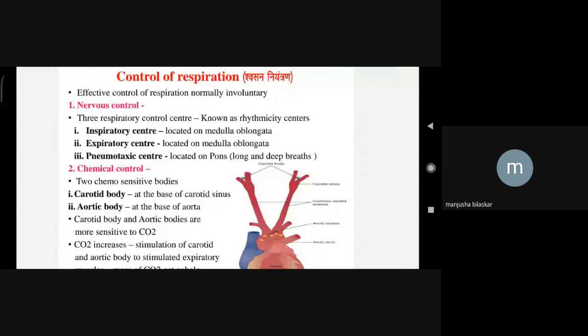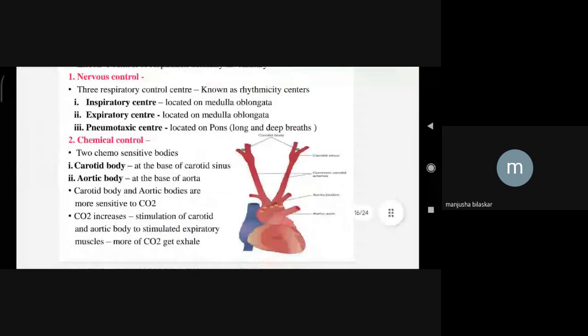When CO2 increases, the carotid and aortic bodies are stimulated, they stimulate the expiratory muscles, and more CO2 gets exhaled. These are the chemical factors which are responsible for breathing.